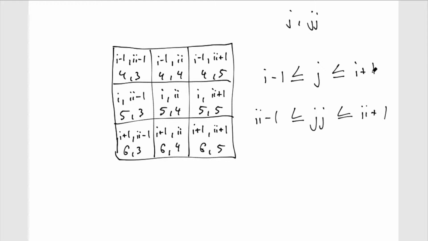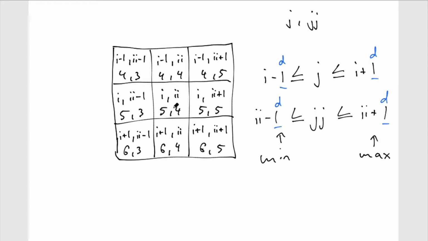And now this is true for D equals 1, but of course we could just replace this with D, more generally, so that J would have to be within I minus D and I plus D, and JJ would have to be within the range II minus D and II plus D. So this would be the minimum value here, and this would be the maximum value here.